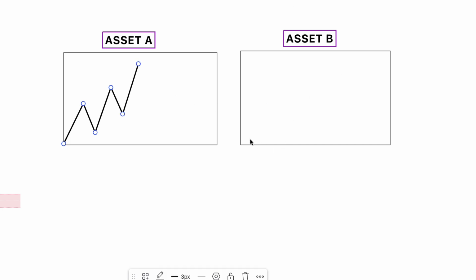Then asset B is going to be exactly like that, because we said they are positively correlated. For every movement asset A does, B will do the exact movement that A has done. So this is how it's supposed to be.